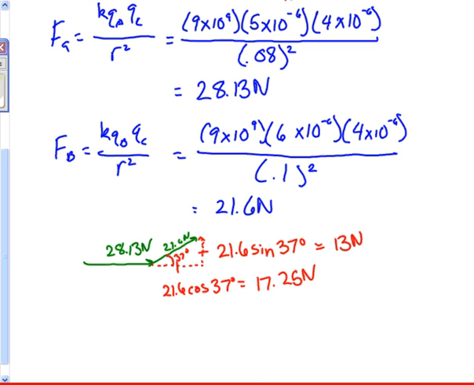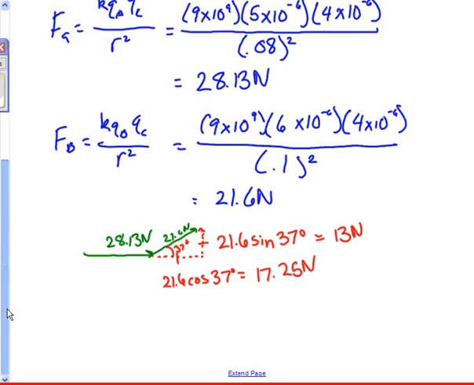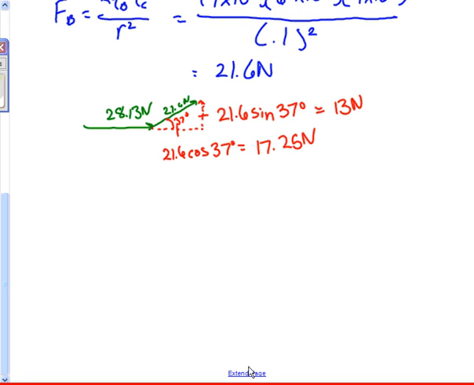Continuing on, we put all of the vectors together. We have the one going this direction at 28.13 newtons, another one that tacks on in that direction at 17.25 newtons, and then one going up at 13 newtons.